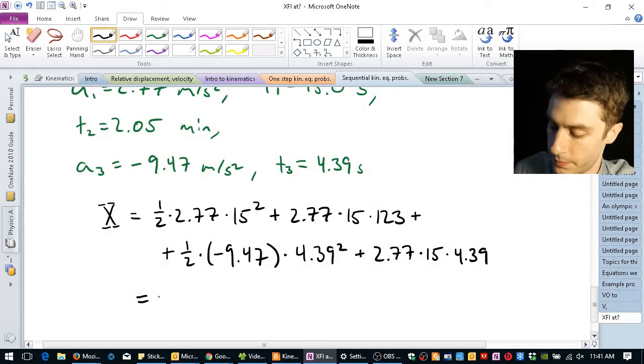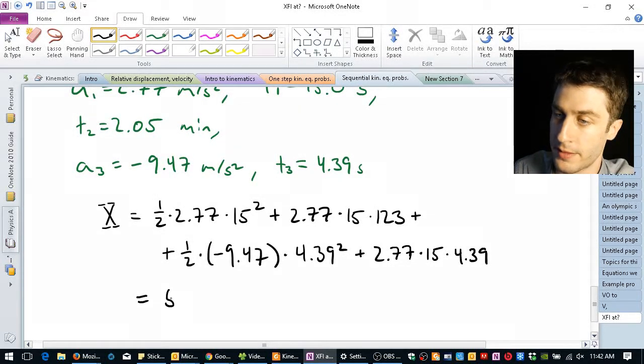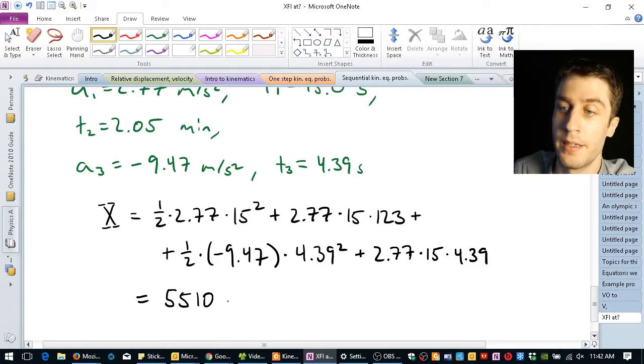And that is equal to, and you'll have to give me a moment, okay, I hope I've entered this correctly, but the answer that I get is 5,510 meters.